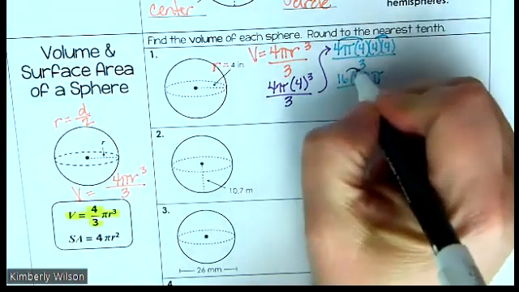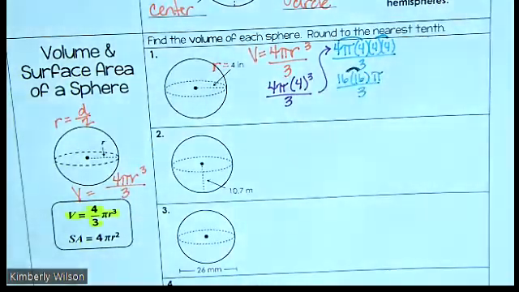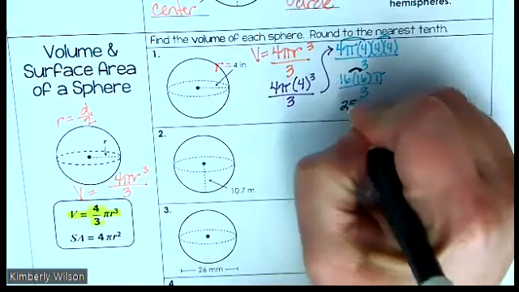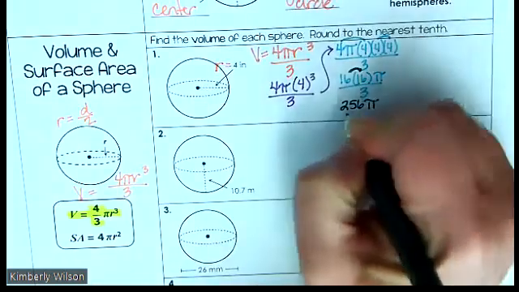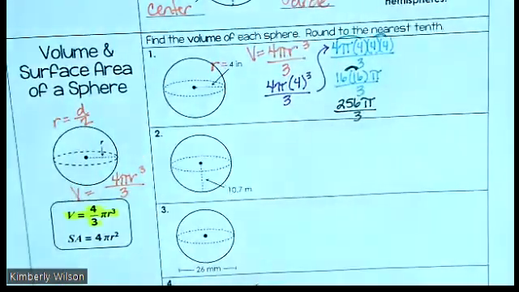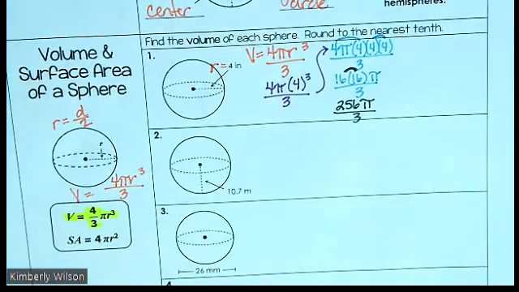Now I multiply 2 together. So, oops, handy dandy calculator. Okay, so we have 16 times 16, which gives me 256 pi divided by 3. Now, I'm going to see if 256 is divisible by 3. It'd make my life easier. But, excuse me, 256 divided by 3.